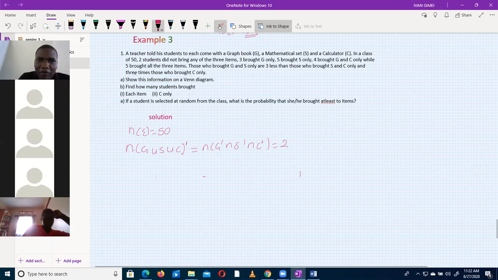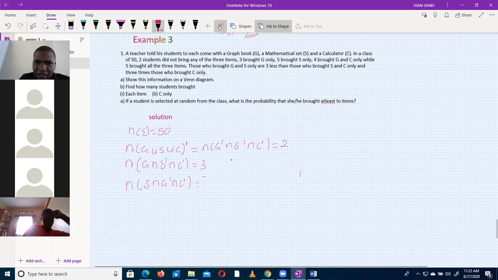Then they said those who brought G only, number of G only, that is G intersection S complement intersection C complement. That will be the same as what? 3. Then the 5 brought S only, S intersection G complement intersection C complement. There are 5.